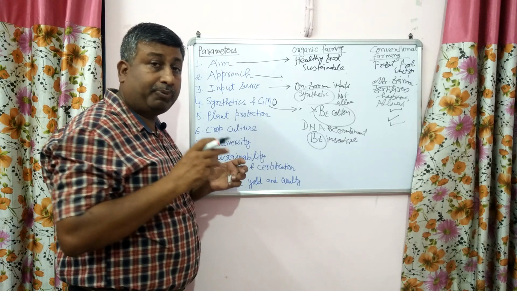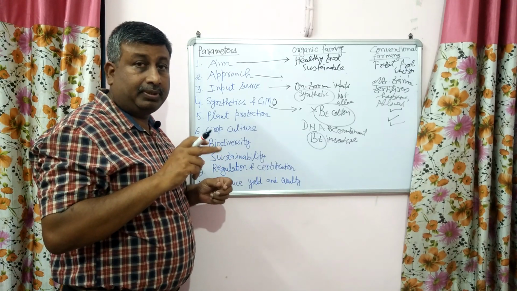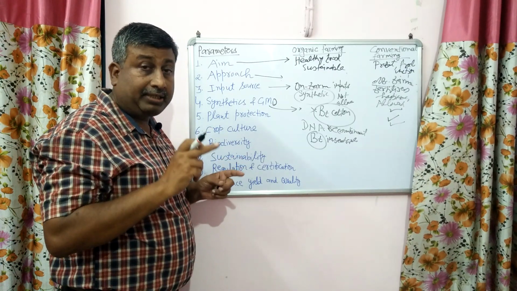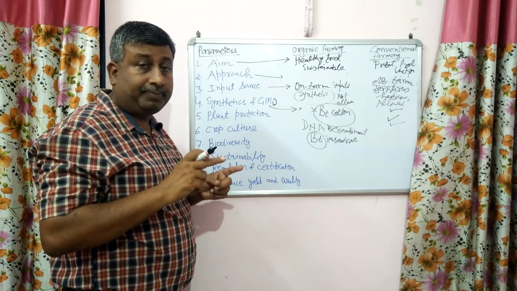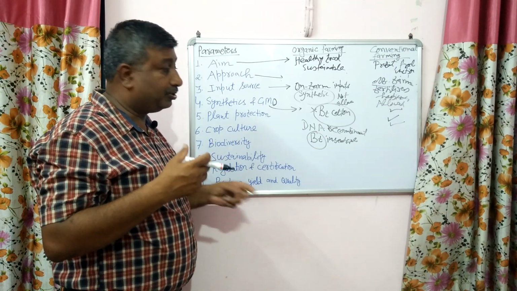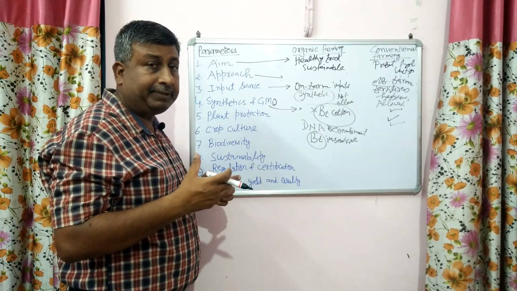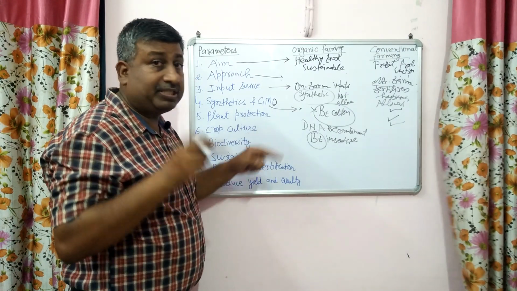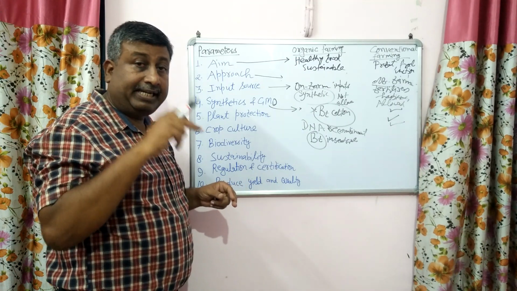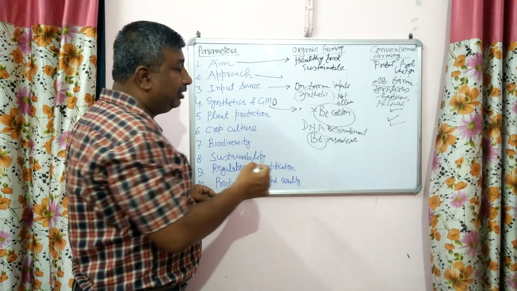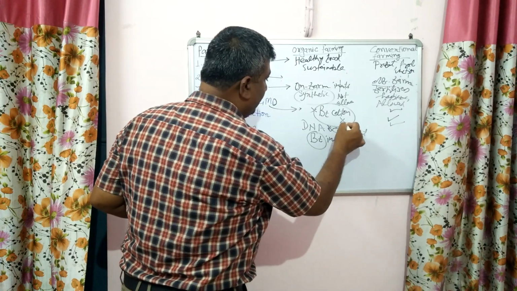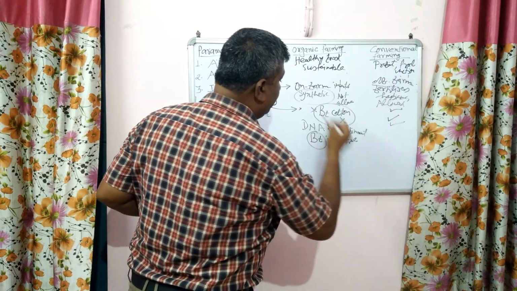It is very interesting to note that these BT proteins are natural. That's why BT preparations are used to kill insects, as a microbial insecticide. But a BT crop is different. In a BT crop, DNA is changed by recombinant technology. So BT cotton is not allowed, but BT insecticides are allowed.